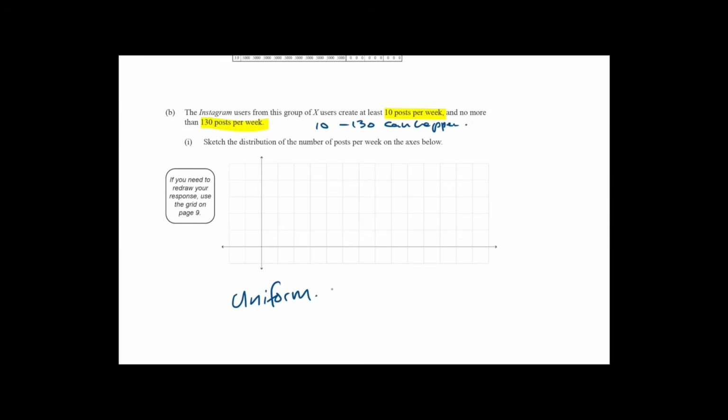So the uniform distribution, the probability of every outcome is just as likely. So let's say it's 10, 20, 30, 40, 60, 80, 90, 100, 10, 20, 30. Look at that, suspiciously good for us. So the probability is going to look like that. It can occur anywhere on here and they're just as likely.